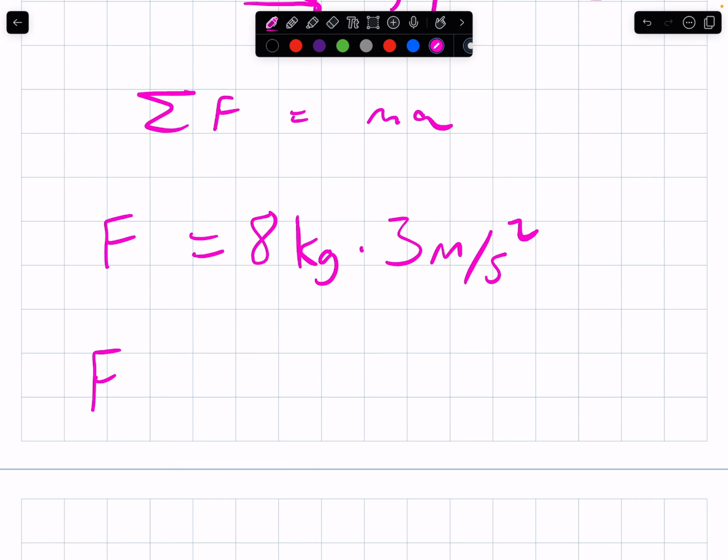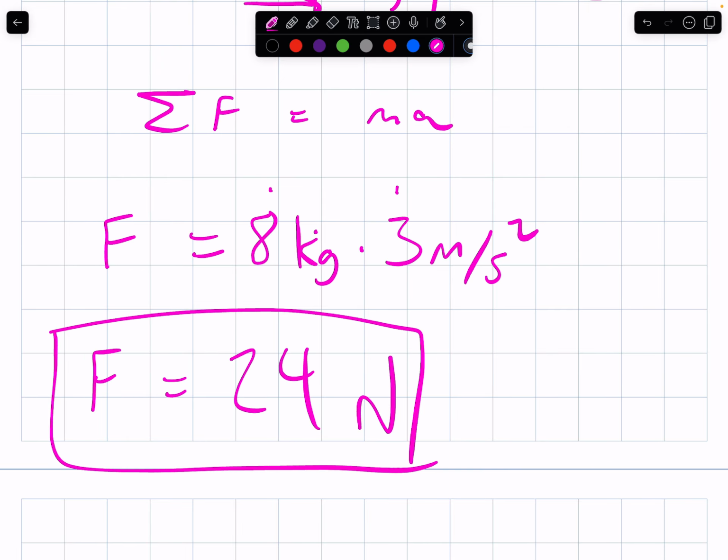Okay, math. 8 times 3 is 24, and a kilogram times a meter per second squared is a newton. So the force acting on the second block is 24 newtons, right?